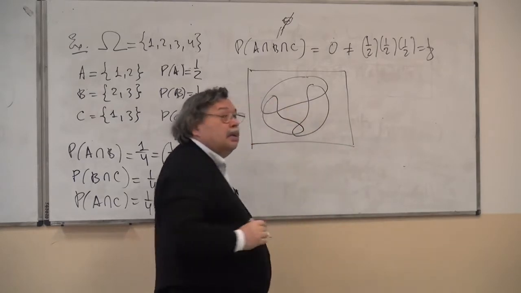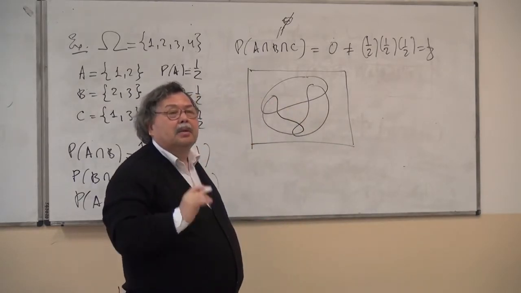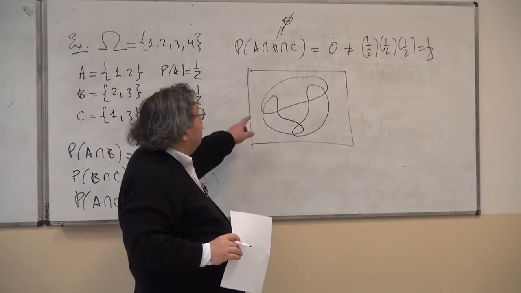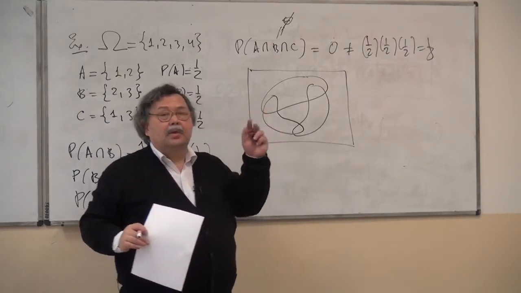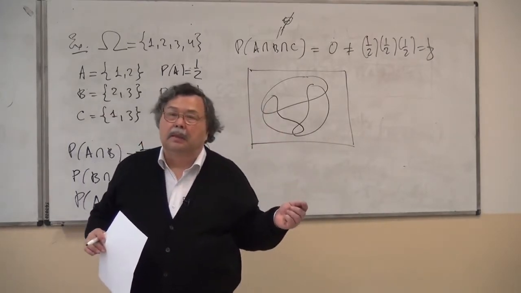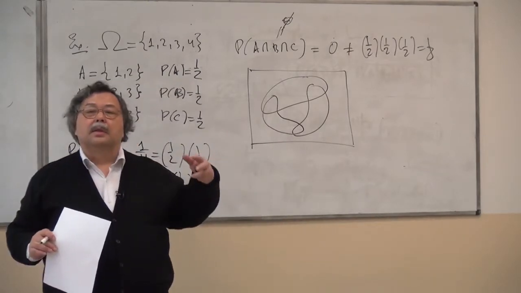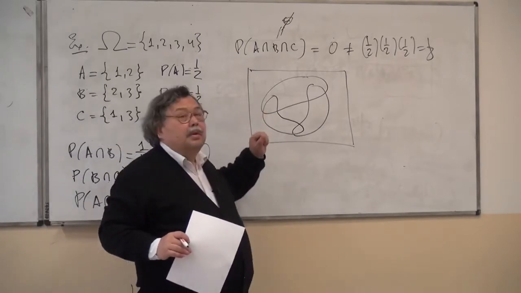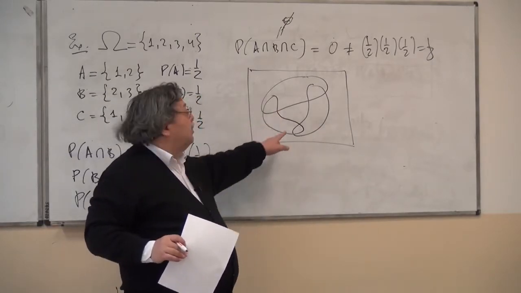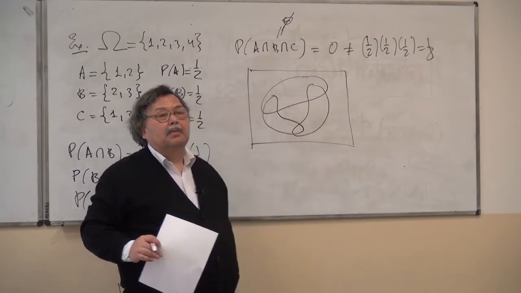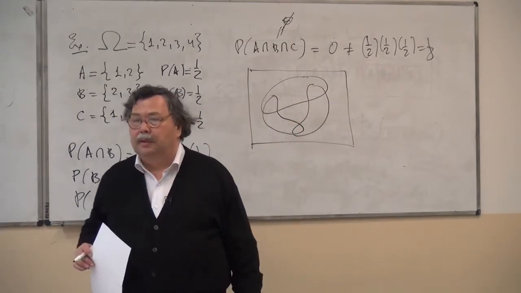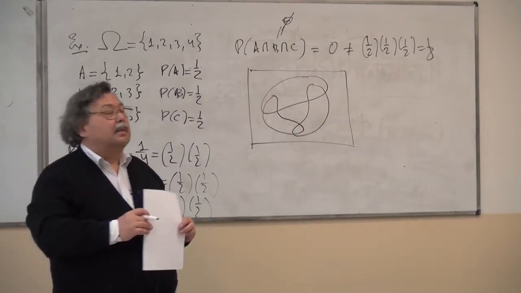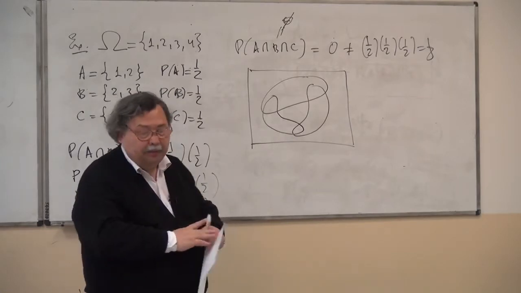This is very approximately what's going on here. The intersection of any two of the events is not empty, and the events are independent, any two. But not all three of them, because the intersection of all three is empty, and the probability is 0. So, independence is not a very simple concept.